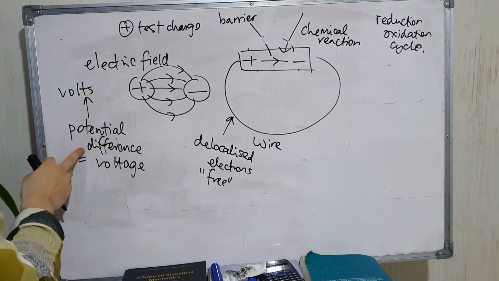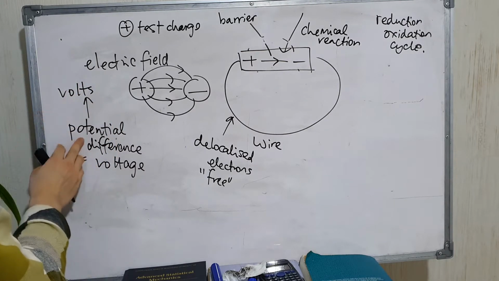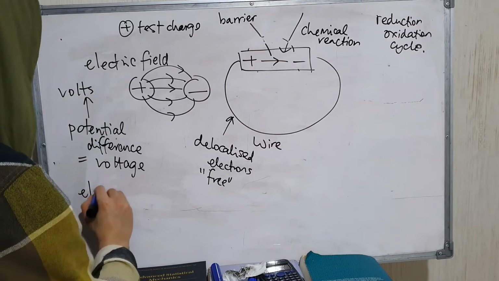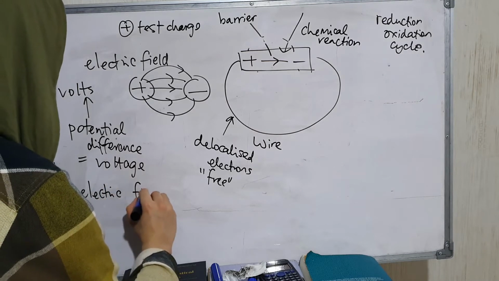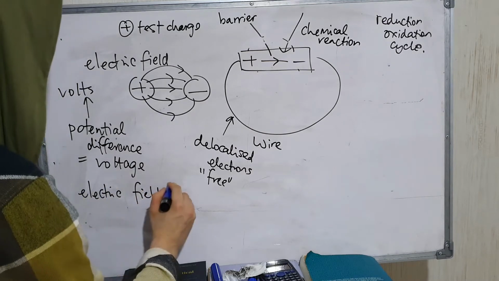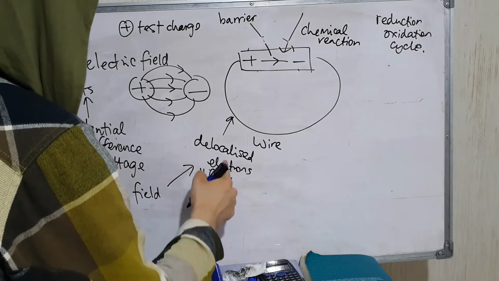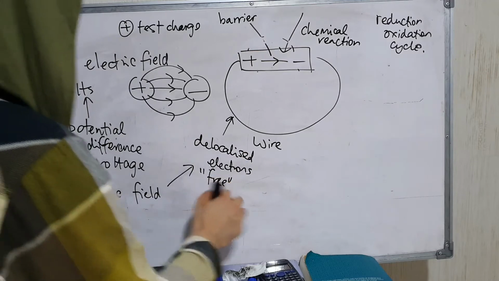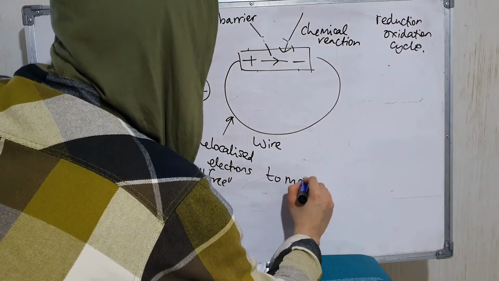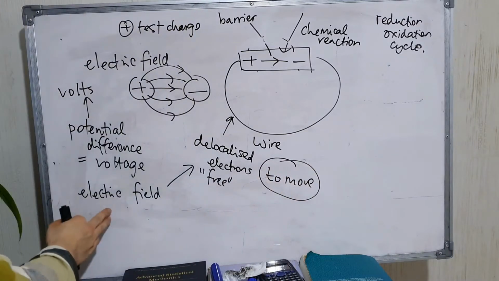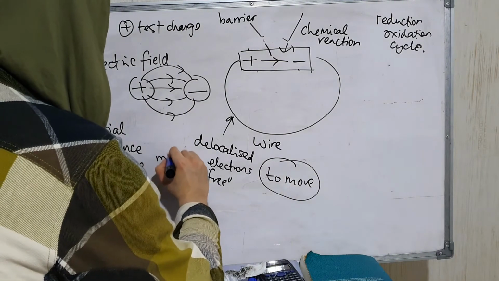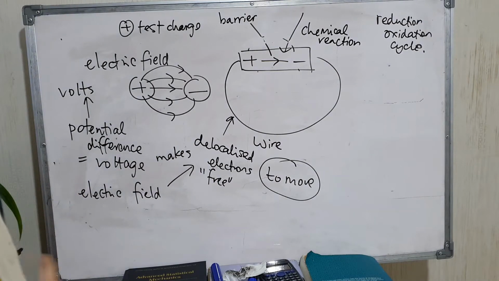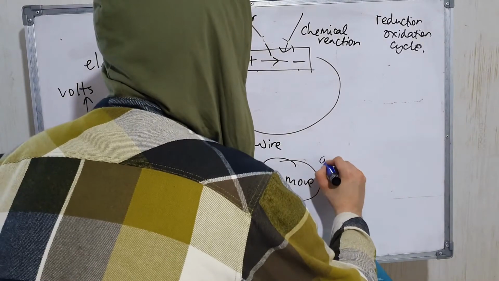It is like a voltage, and is actually an electric field that makes the electrons move. So the electric field makes the delocalized electrons, which is another word for free to move, move around the wire.